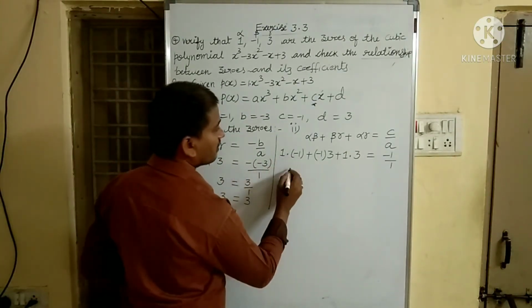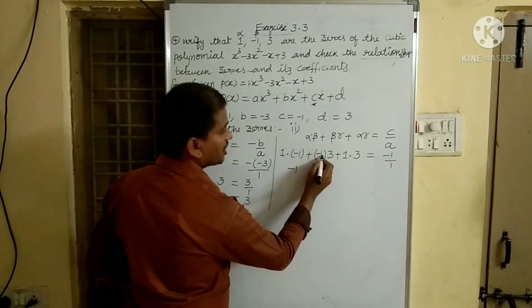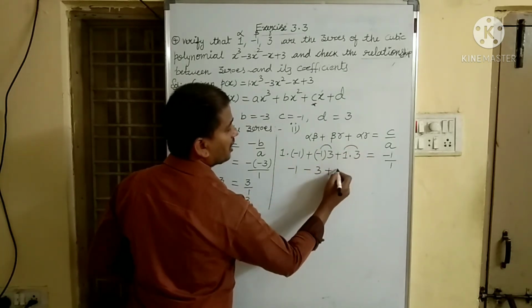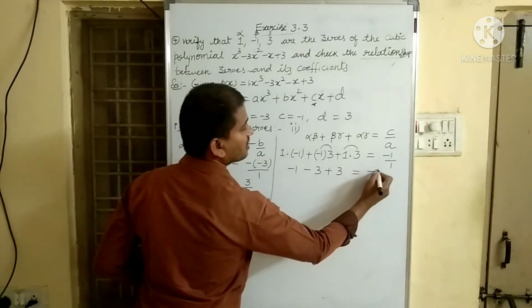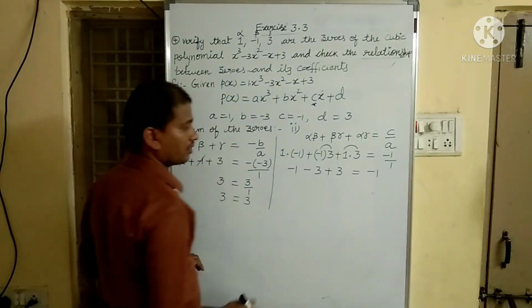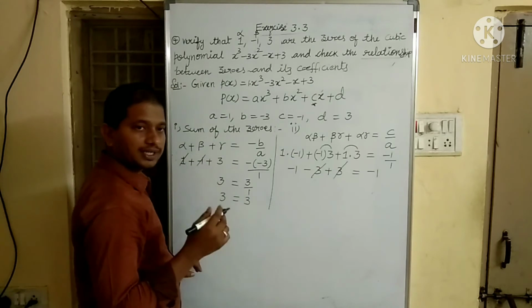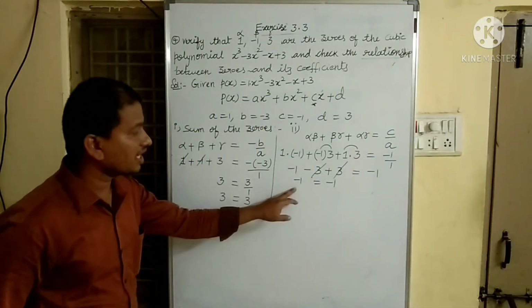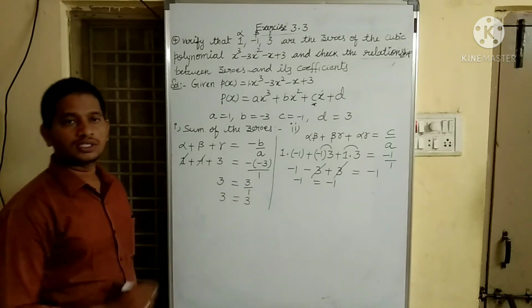So 1 into minus 1 is minus 1, plus minus 1 into 3 is minus 3, plus 1 into 3 is 3, equal to minus 1 by 1, which is minus 1 only. Minus 3 plus 3 gets cancelled. So minus 1 equals minus 1. In this case also we got the same answer.